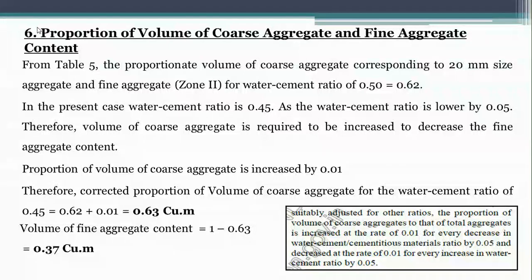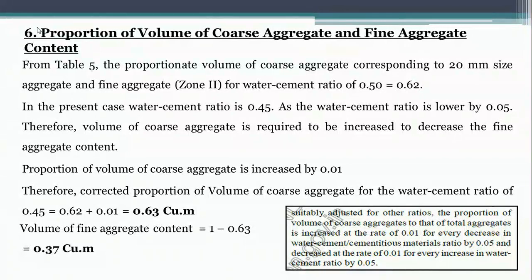You can see I have taken a screenshot. You can see that. So now our water cement ratio is lowered by 0.05. So what should be on the right hand side? You have to increase the volume of coarse aggregate by 0.01. So now the corrected proportion of volume of coarse aggregate for the water cement ratio of 0.45: 0.62 is for the standard water cement ratio of 0.5.